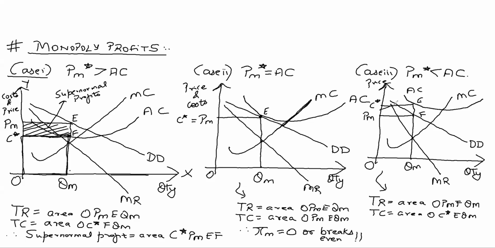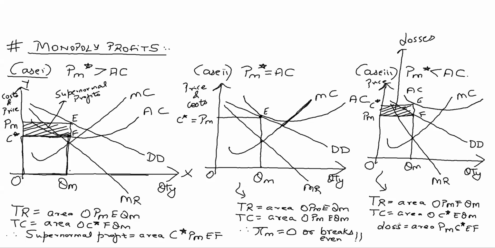And you can see the monopolist is making losses. So the loss of the monopolist is equal to the area PM C star EF.